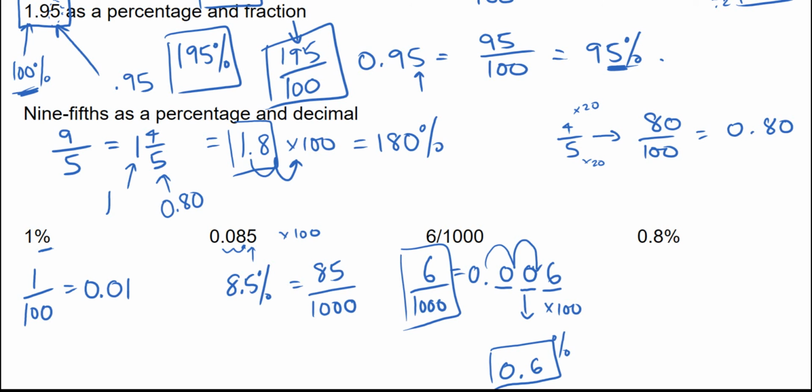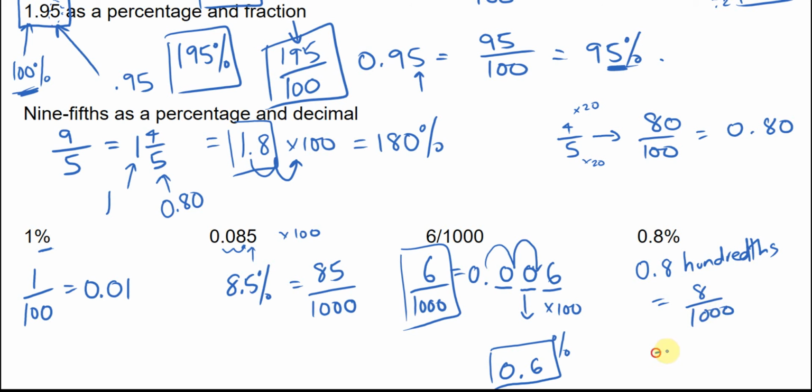Okay, the last one we have is 0.8%, which means we've actually got 0.8 hundredths. So we don't actually have a whole hundredth, we have 0.8 hundredths, which means we have 8 thousandths.